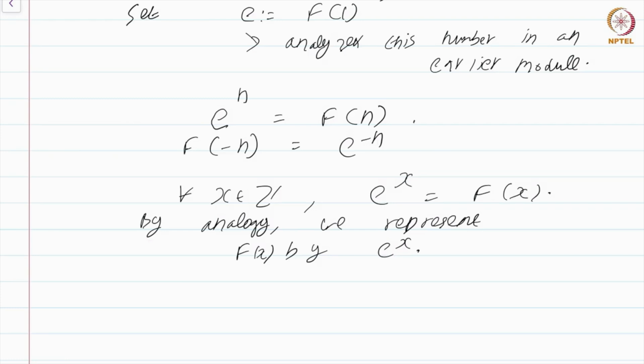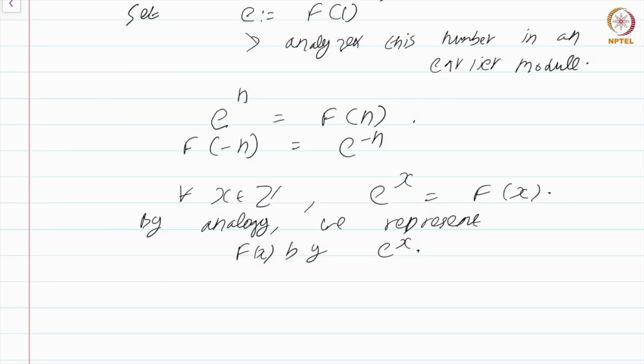Note very carefully what is going on. I am not saying that the function f, whose existence and uniqueness we have proved, is actually exponential with base e and power x. That's not what I'm saying. We have not yet defined what e power x means when x is just any real number. We know how to define exponentiation with a natural number power.